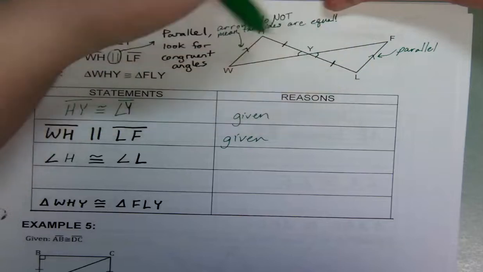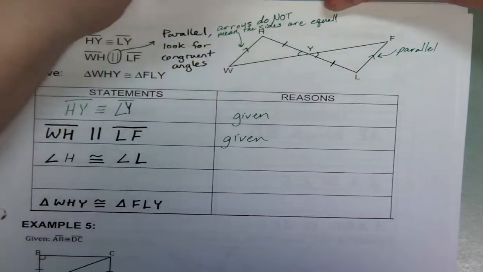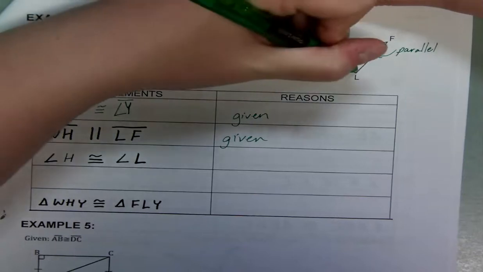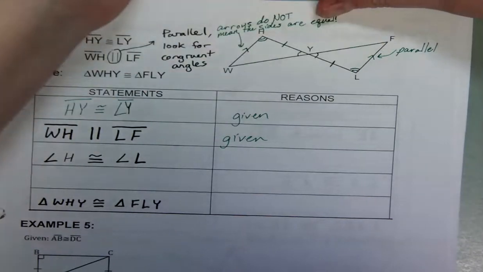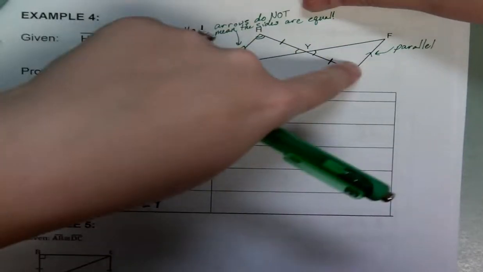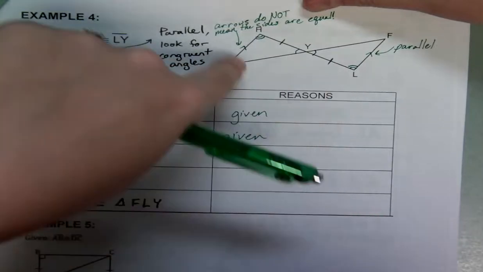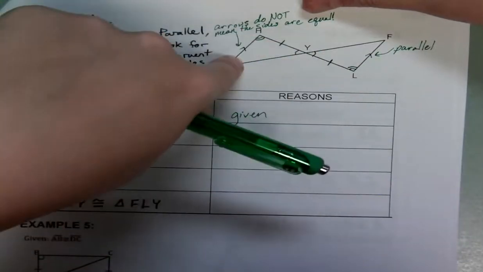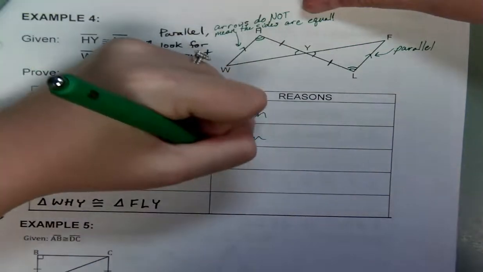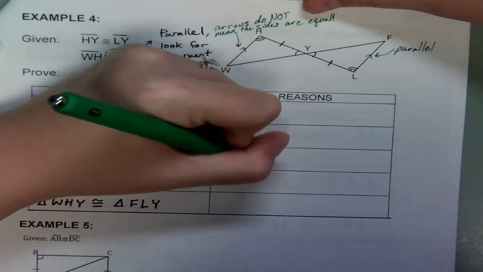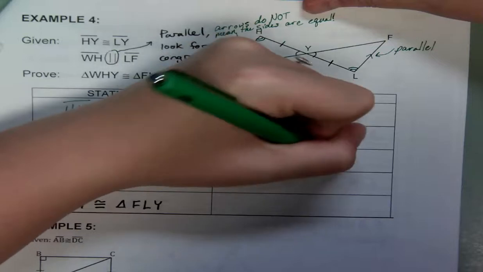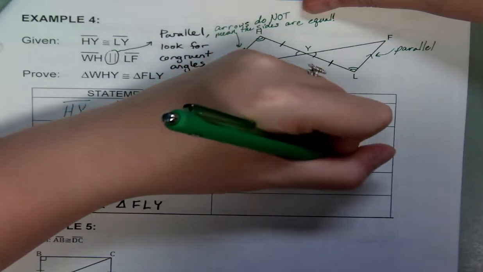So from H to L, that is the transversal going through. So if you look at these angles right here, angle H and angle L, you know that they are congruent because they are both inside the parallel lines, because we mark those as parallel, and they are on alternate sides of the transversal. So they are alternate interior angles.